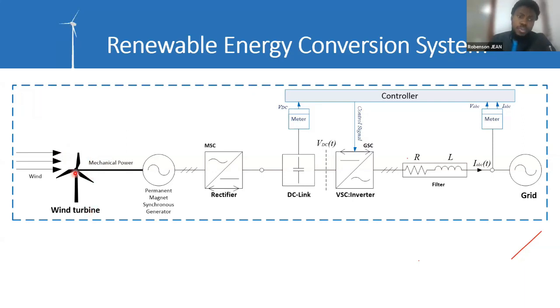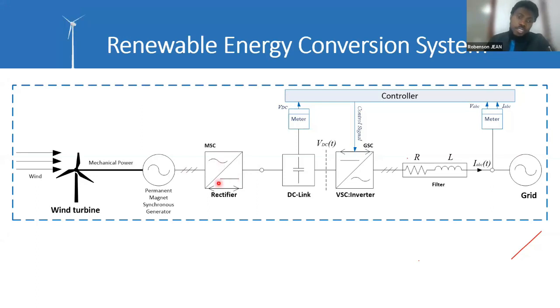So the mechanical power is sent to a generator, and this generator, for instance, here we are dealing with a permanent magnet synchronous generator, and this generator transforms the mechanical power into electricity, three-phase alternating electricity. So this AC electricity is transformed into DC energy through a rectifier.